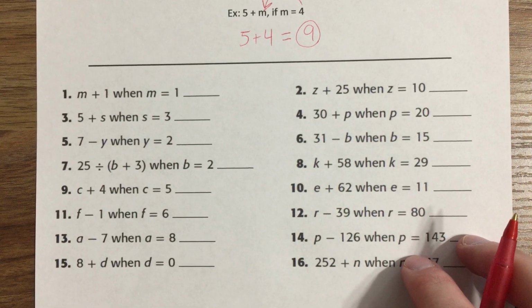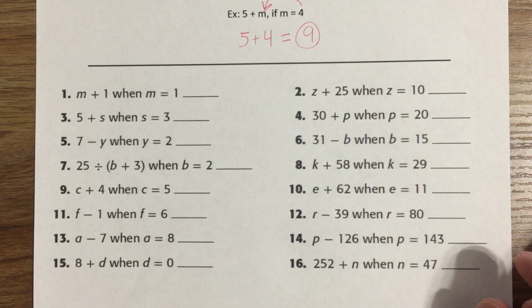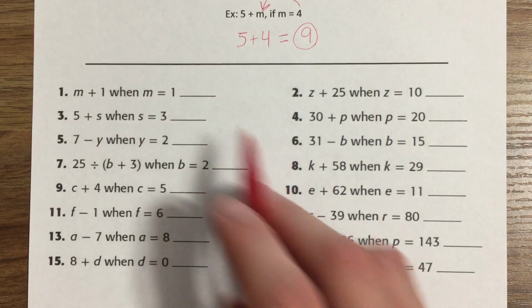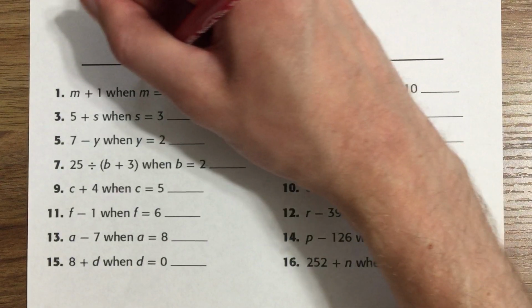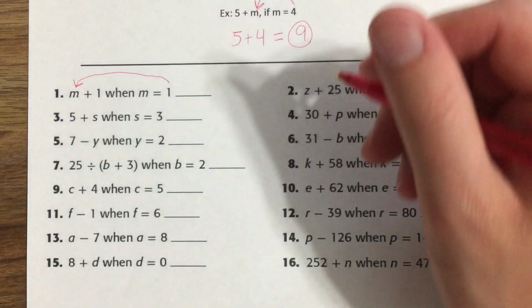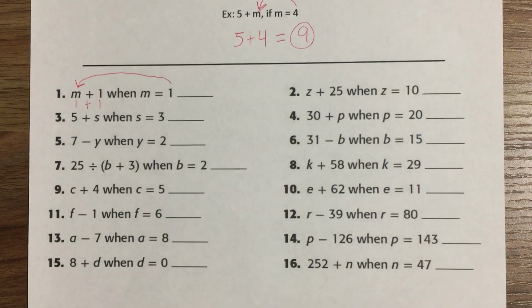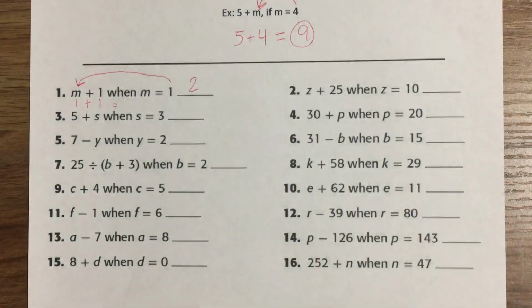Let's practice some more of these. We're not going to do all of these. This is going to be a relatively short video. But let's talk about some of these down here. M plus 1 when m equals 1. Well, we take this 1 right here and plug it in for that m. So it's actually 1 plus 1. What is 1 plus 1? That equals 2.